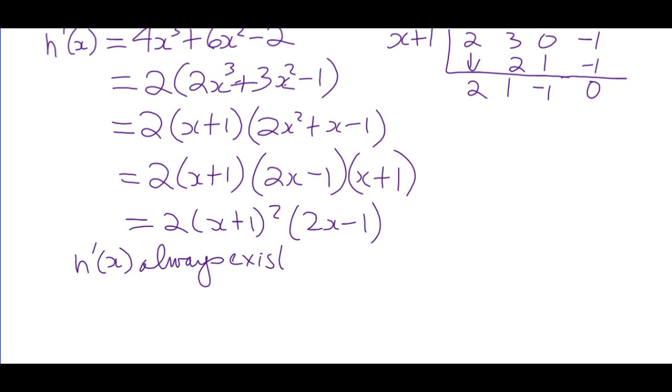Always exists, right, because critical numbers are where it does not exist, or where h prime of x equals 0. So h prime of x equals 0 means that x is equal to negative 1 or positive 1/2.